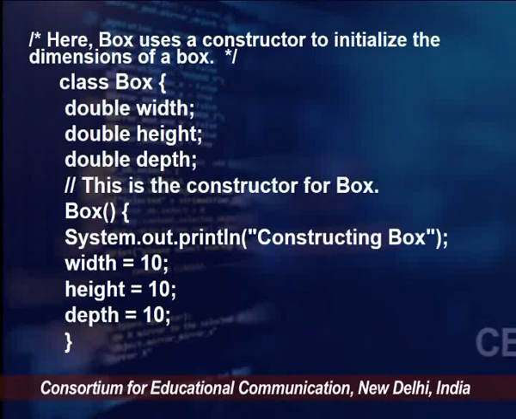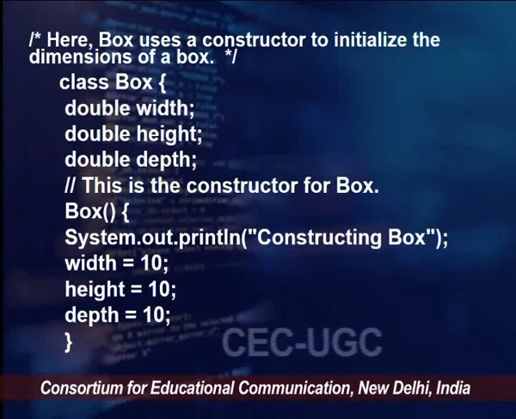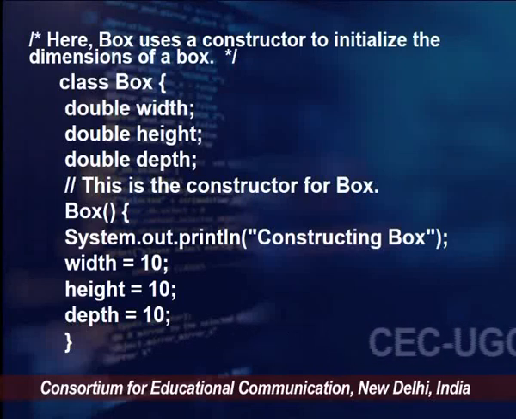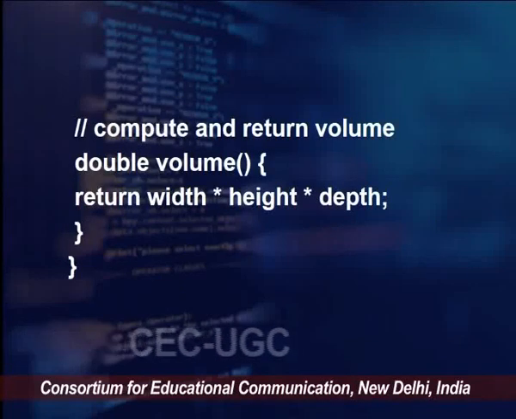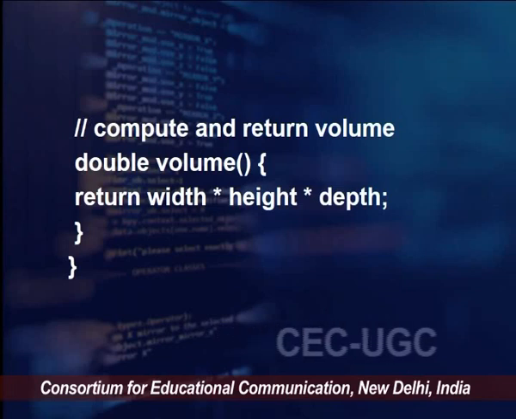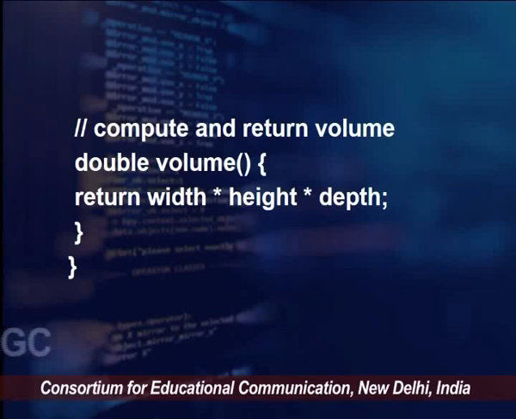Within the constructor, the first statement prints constructing box, then the value of width is 10, height is 10, depth is 10. After that the volume function is there, which computes and returns the volume: double volume, return width * height * depth. So the volume method is closed, and so is the class.